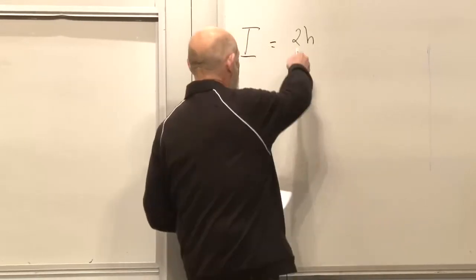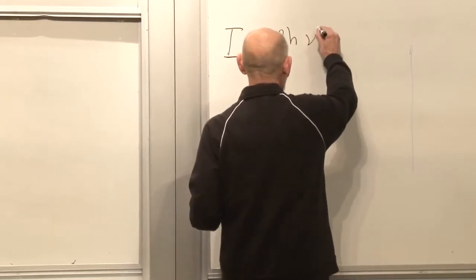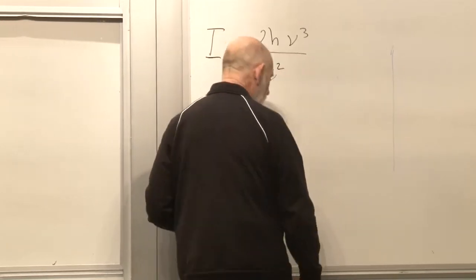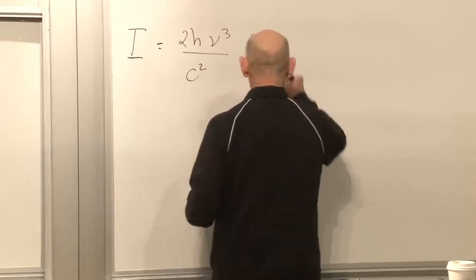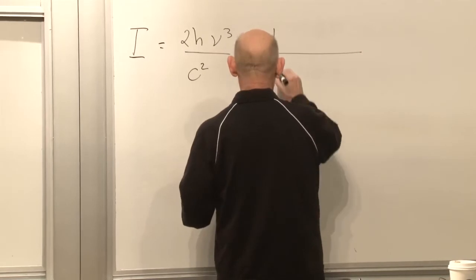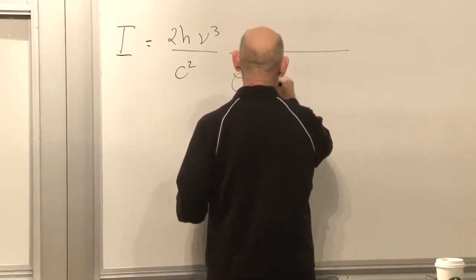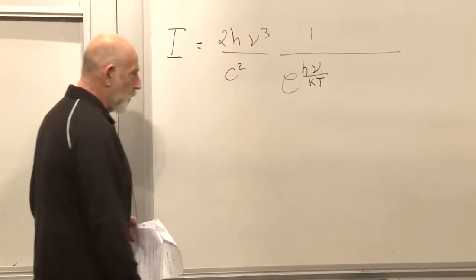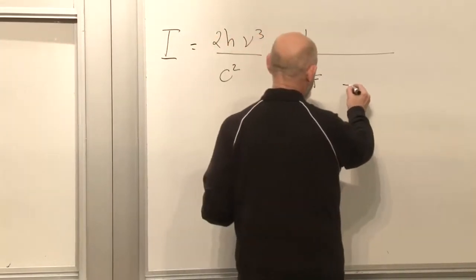But whatever. Definite units times nu cubed divided by c squared times a crazy function. And the crazy function was 1 divided by e to the Planck's constant times the frequency divided by kT, again that's k Boltzmann, which goes together with the temperature as always, minus 1.